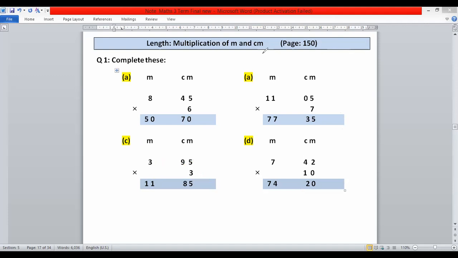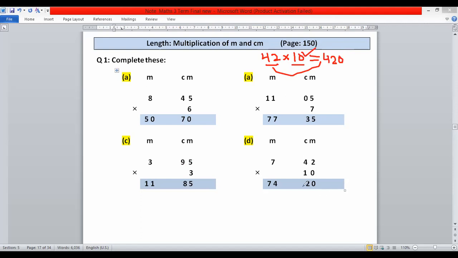I am going to write the product of 42 and 10. So remember the rule, whenever we multiply any number by 10, we copy the same number. So we will write here 42 and add the 0 at the end.